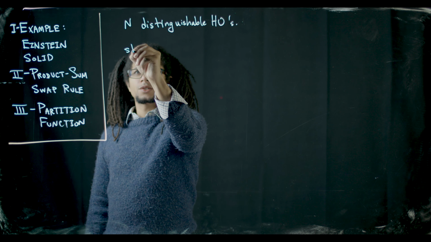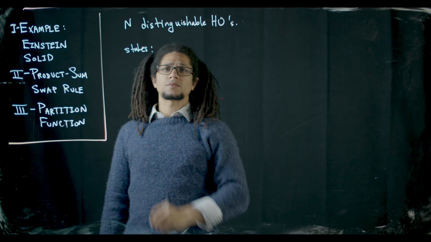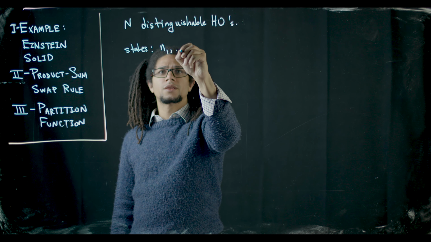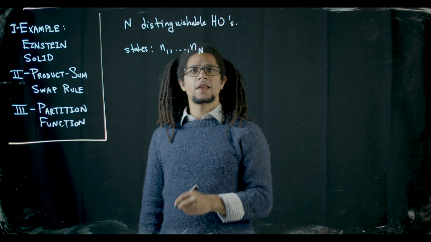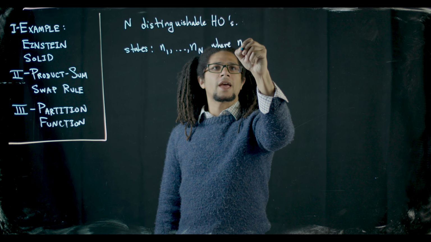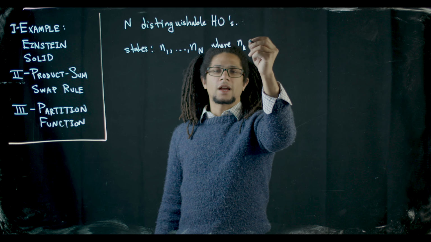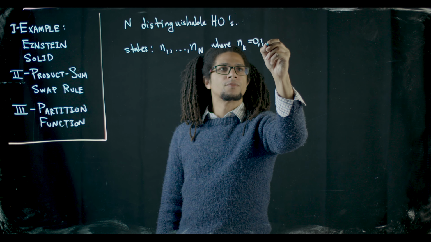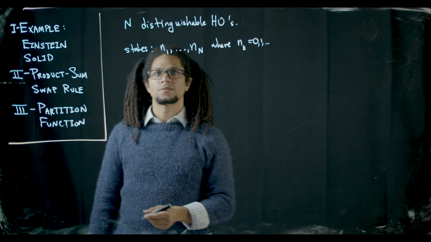All right, so the states look like n_1 through n_N, where n_k can go from 0 to infinity and is an integer. Good.